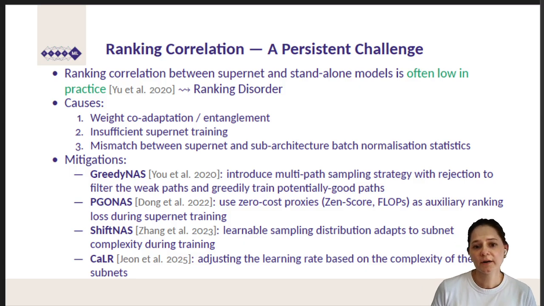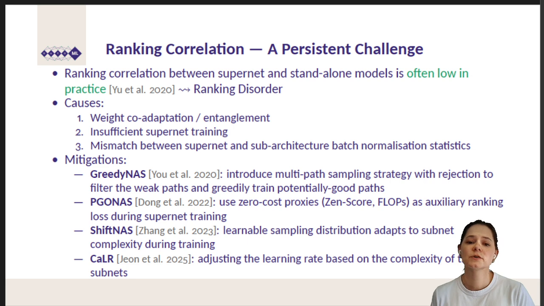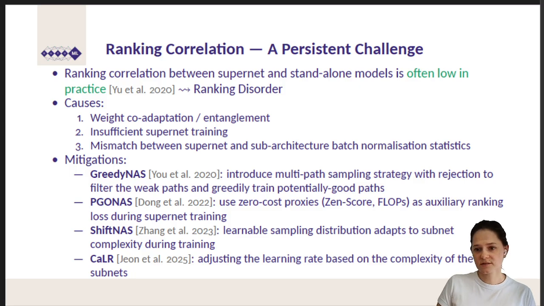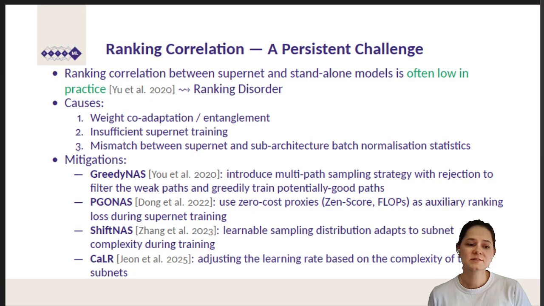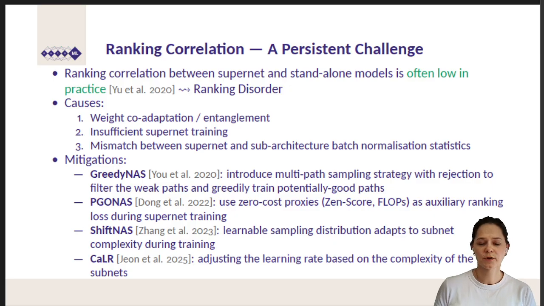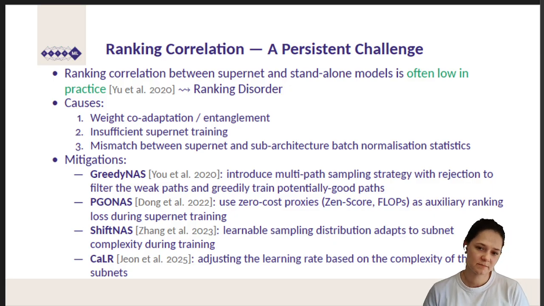We could use a prior-guided one-shot NAS approach using zero-cost proxies as an auxiliary ranking loss. Another approach, shift NAS, learns a sampling distribution to adapt to the subnetwork complexity during training, and the complexity-aware learning rate scheduler also looks at the complexity of the subnetwork and therefore adjusts the learning rate based on that complexity.